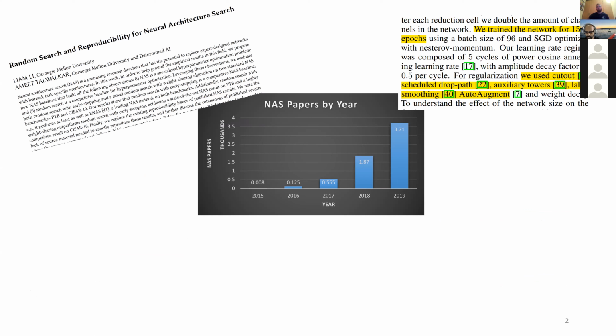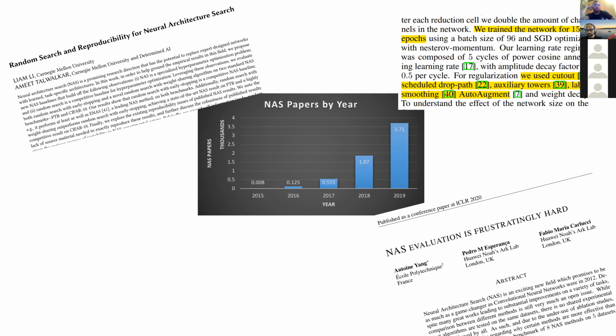Some people will train for 1500 epochs, some will train for 600 epochs, and there are people who will throw in the entire bucket of things like auto augmentation, aux towers as used in DARTS, label smoothing, and all these kinds of things which show higher performance, but it's not because of NAS, it's because of all these tricks that you use in training.